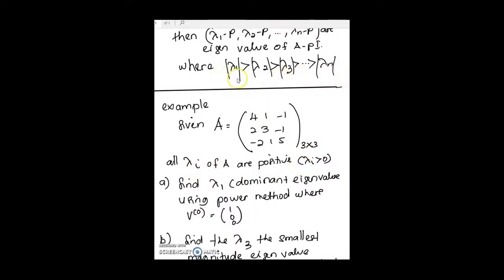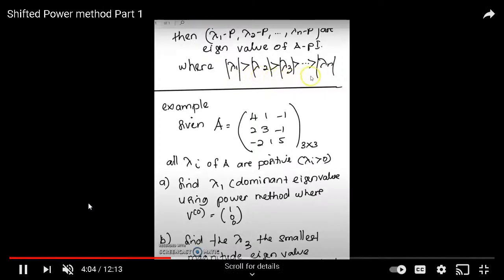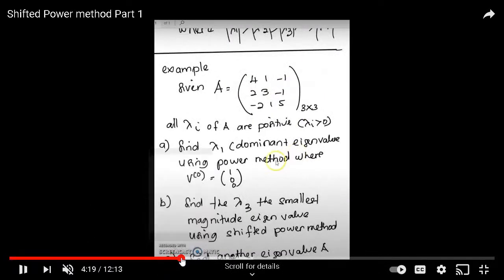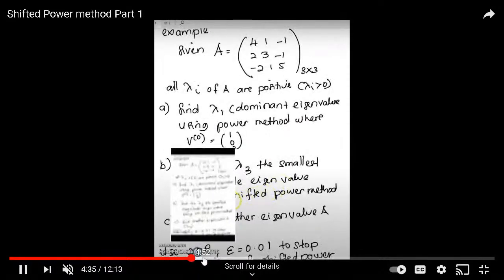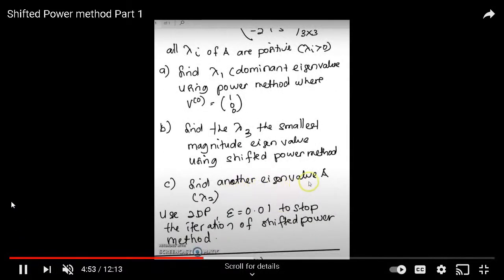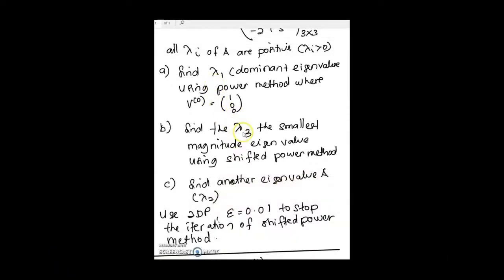In our case, because the matrix is 3 by 3, we want to find lambda 3 by using the shifted power method. We are using the same question. We want to find lambda 3 and another lambda, which is lambda 2, using the shifted power method.